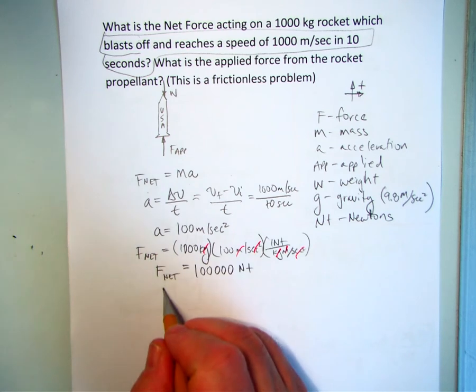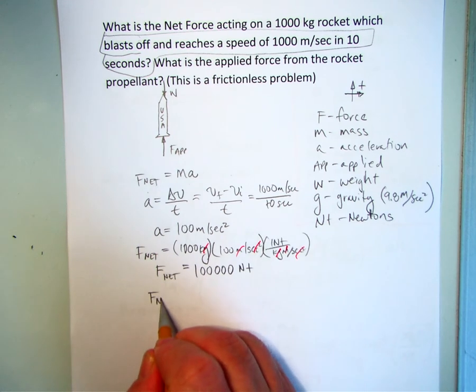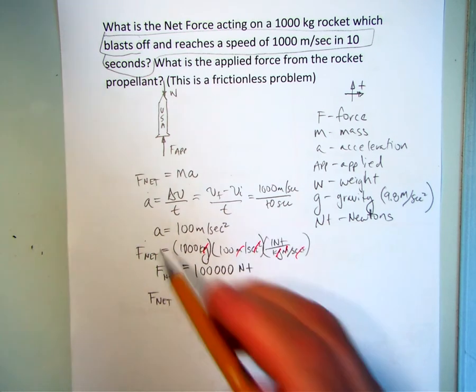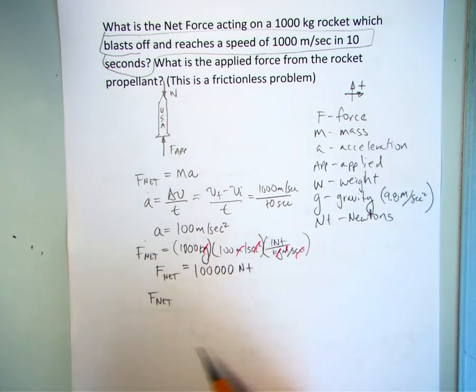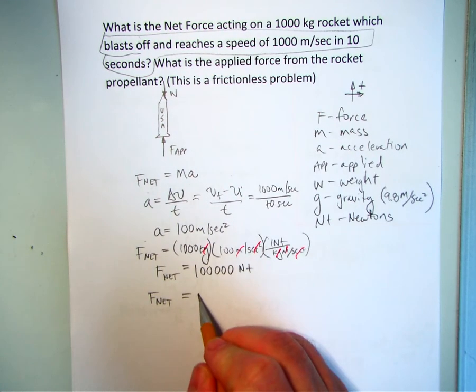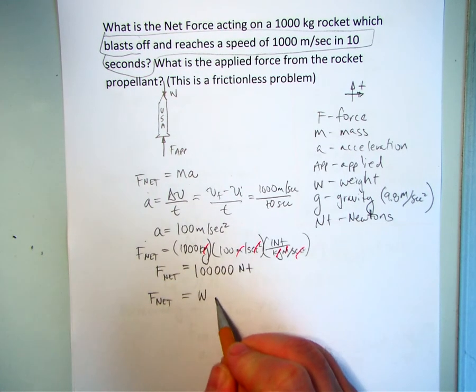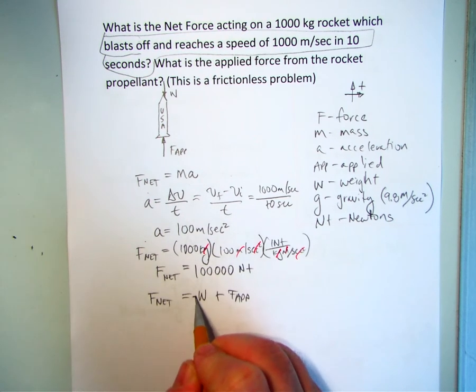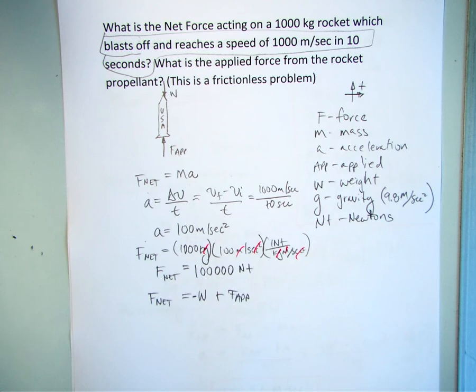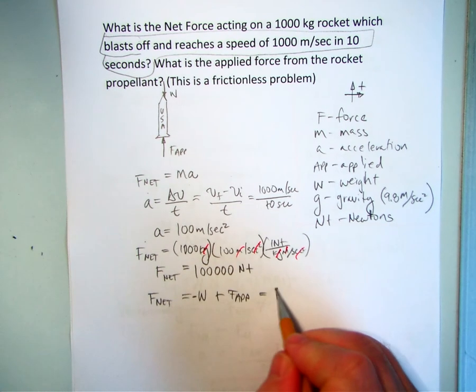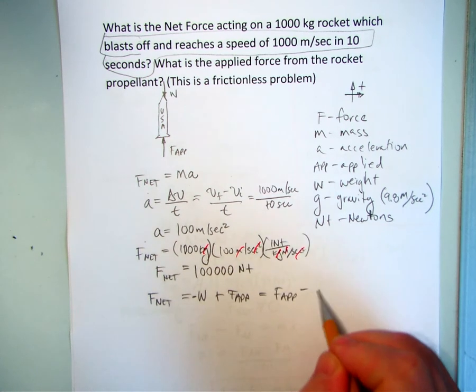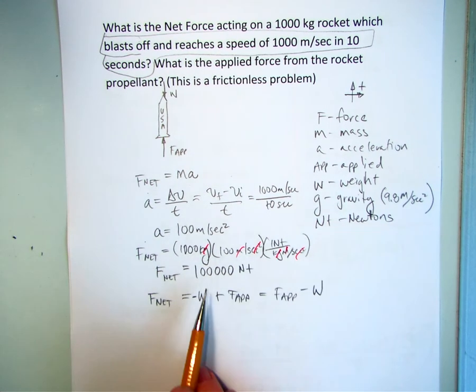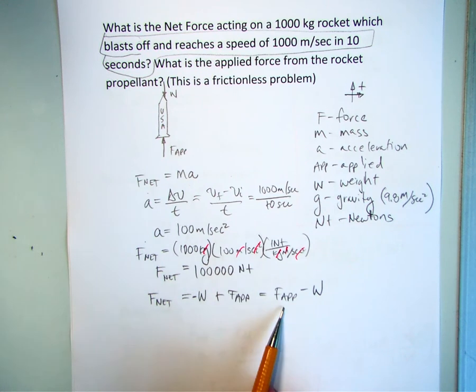Well, we also know that that net force is made up of the forces on the object, and that's the weight and the applied force. We'll put a negative sign on that weight, or we could put the applied force minus the weight. So 100,000 newtons is equal to applied force minus the weight. What is the weight?